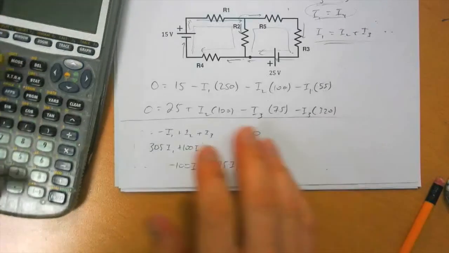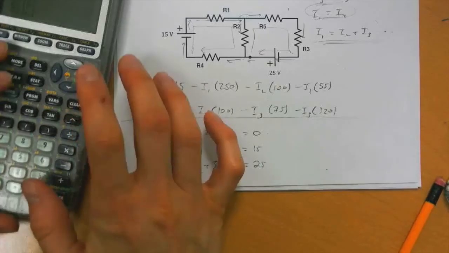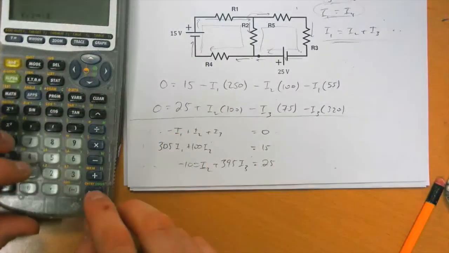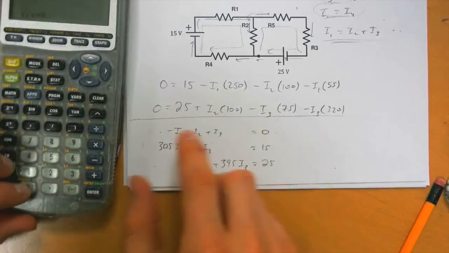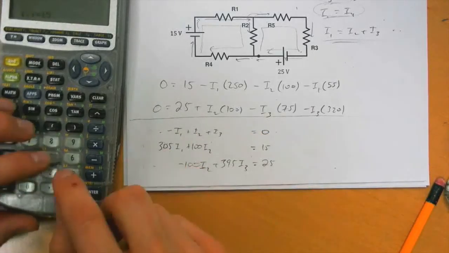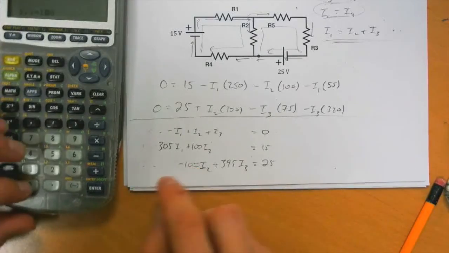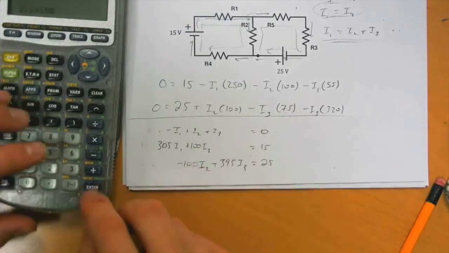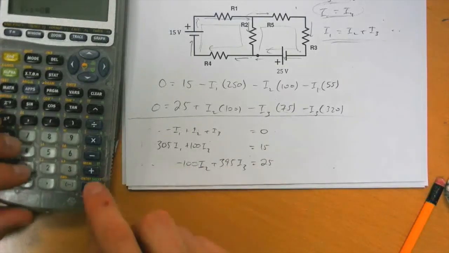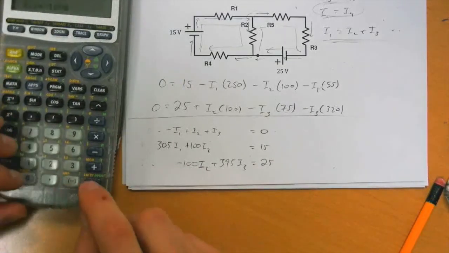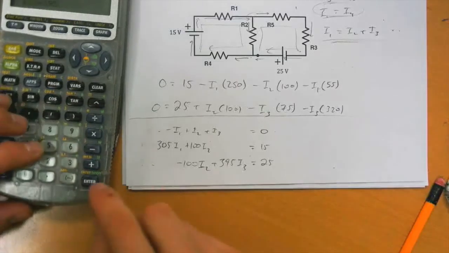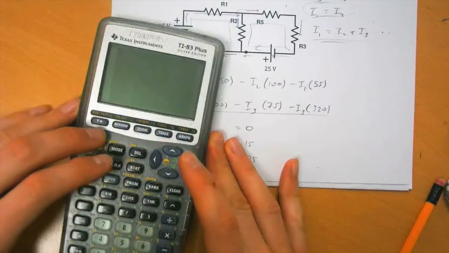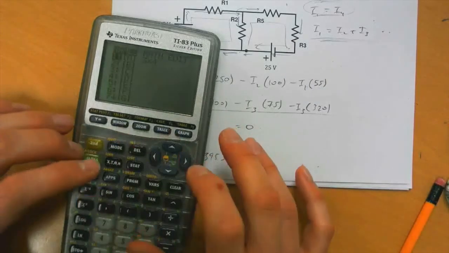We can make a 3x4 matrix with the entries negative 1, 1, 1, and 0, 305, 100, 0, 15, and 0, negative 100, 395, 25.